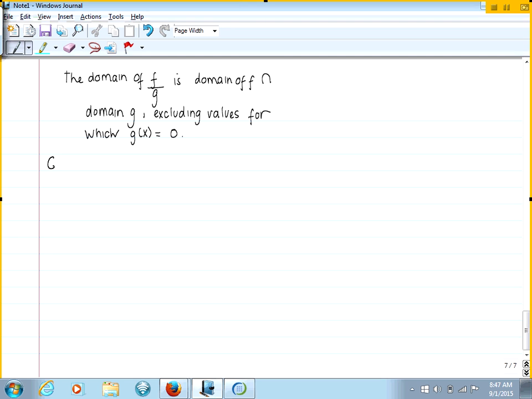Okay. All right. So, for example, given f of x is equal to 1 over x plus 3. All right. And g of x is equal to x over x minus 2. What I want you to do is find f plus g of x and its domain.